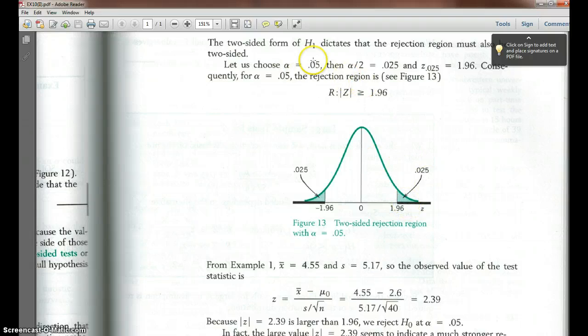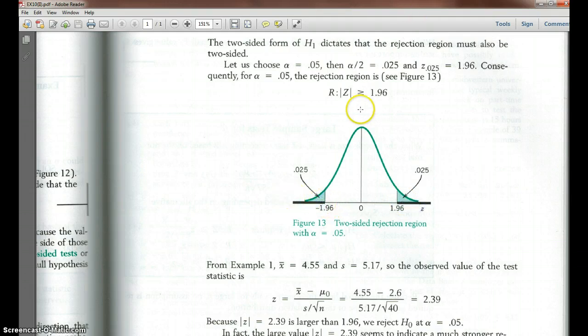Again, the level of significance alpha is given. It's 0.05. Since the total probability is 0.05 and now we have two regions, the value corresponding to x bar either falls into the region on the right side or the region on the left side.